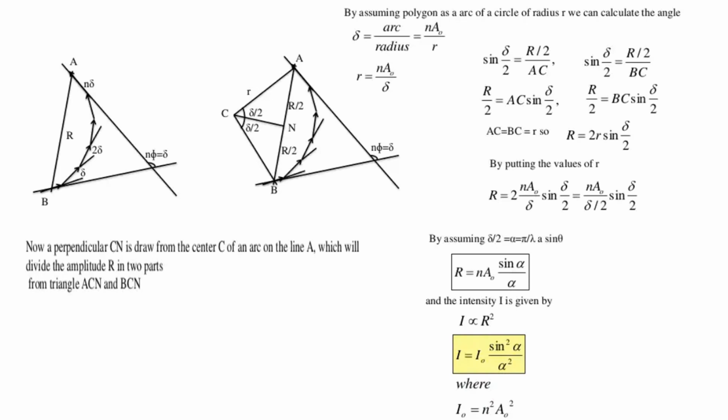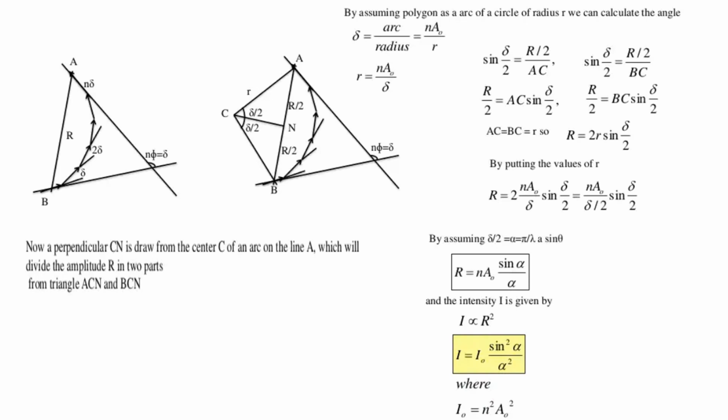As you consider the polygon as an arc of a circle, the angle can be determined using the formula arc divided by radius. The arc is n into A naught. The radius is given by r. Taking the triangle ACN or BCN, we have sin delta by 2 given by R by 2 divided by AC.